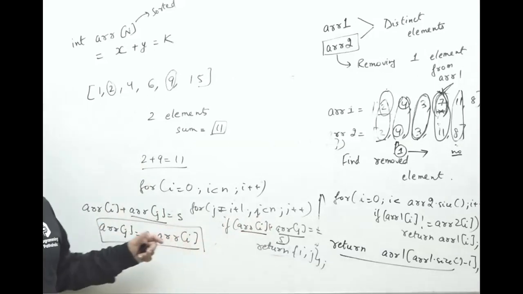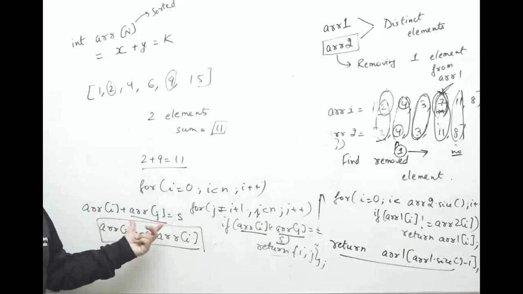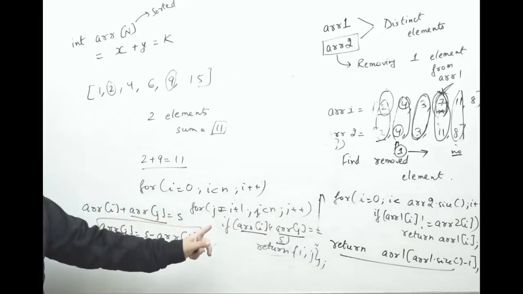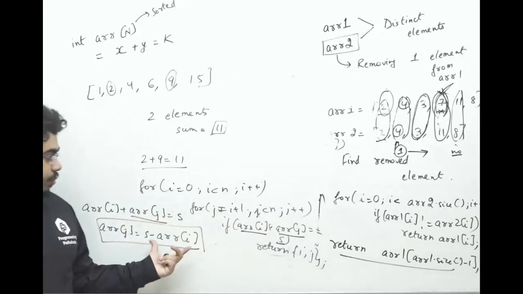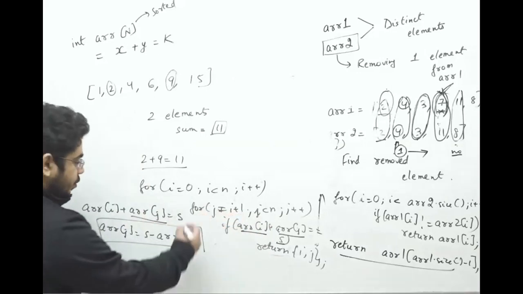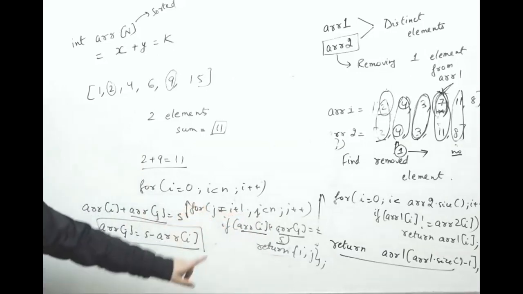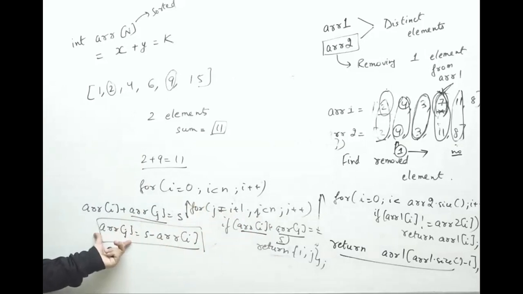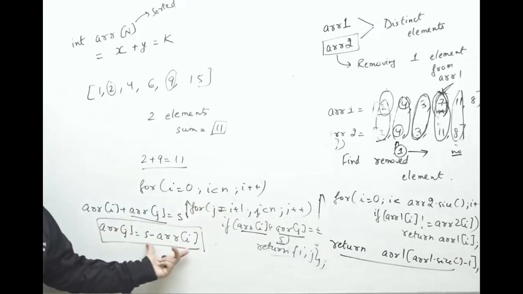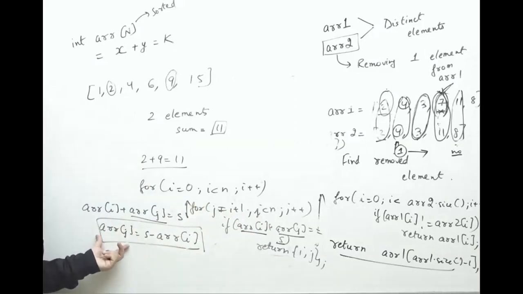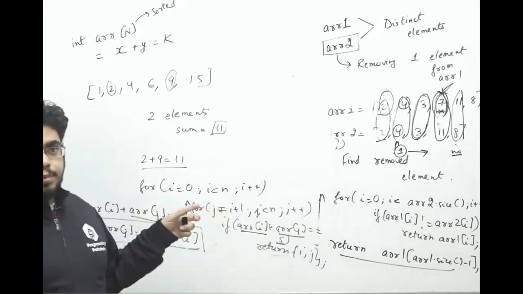Can you all see that? Array i plus array j is s. That means array j is s minus array i. So basically what I'm doing with this loop is trying to find such an array j whose value is this. I can simply do this with the help of binary search. Why do I need a linear search here? So that is exactly how we can improve it.